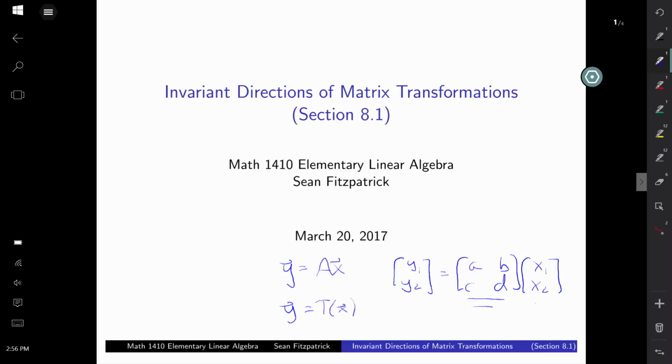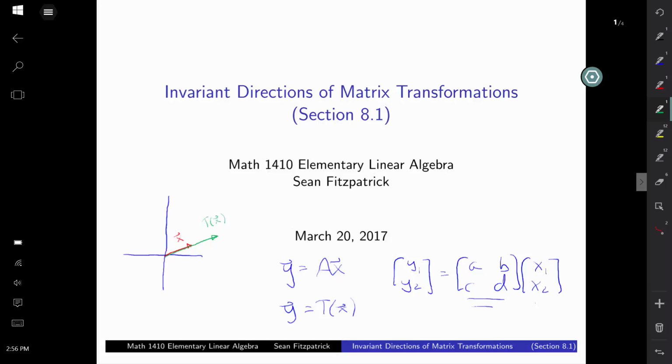And so one of the things that you're interested in when you're studying these is, are there certain vectors that you put in so that the output is parallel to the input, so that maybe the magnitude changes but not the direction? Basically, the idea is that x goes in, you calculate T of x, and you find that T of x lies along the same line.